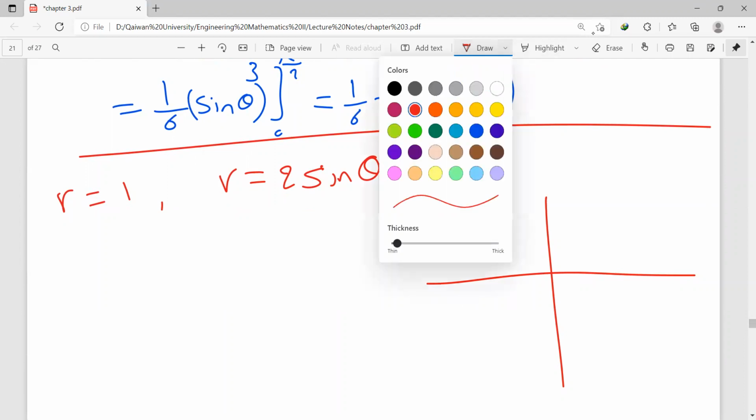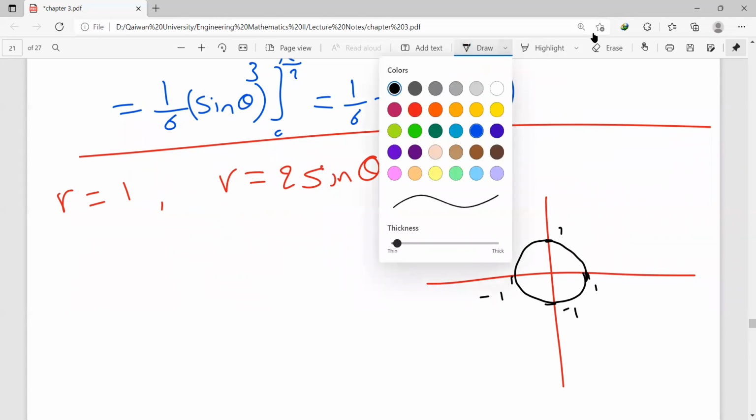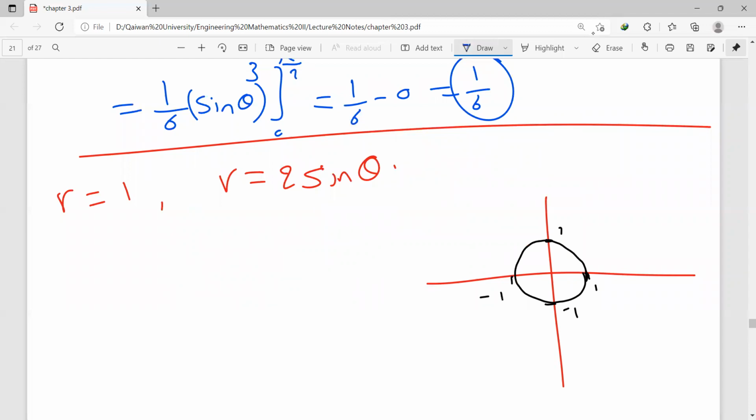For r equal to 1, you have a circle like this. This is the graph of r equals 1. And the graph of r equals 2 sine theta, let me use the blue one. r equals 2 sine theta means it's a circle.